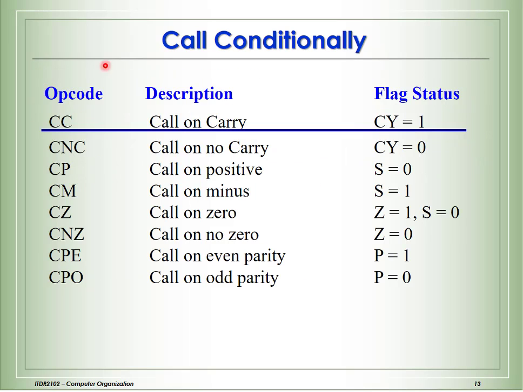Here you can see all those conditions: call on zero, call if not zero, call if even parity, call if odd parity. This is the flag register status when the condition is satisfied. You see the condition here, the flag register condition, and then it will work.